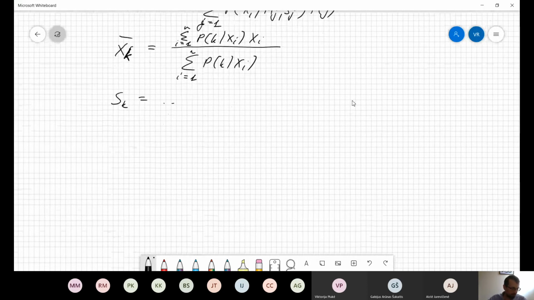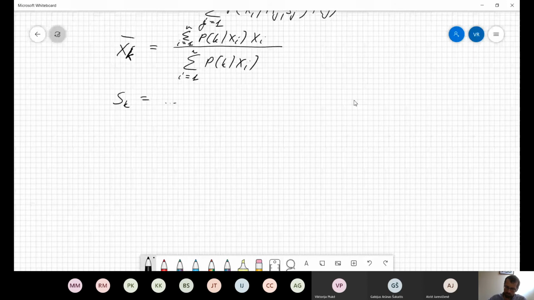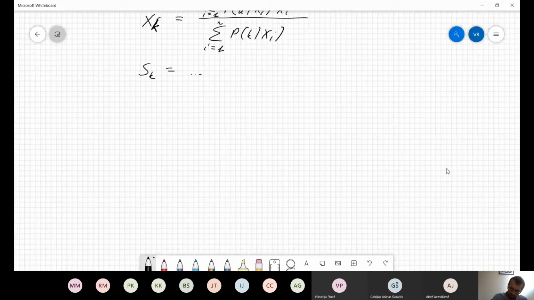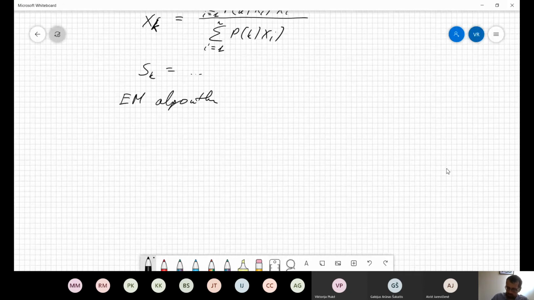After doing so, I will give you a few hints about how the EM algorithm is constructed now. It is constructed the same way. We have an initialization state, where for the centers we now have a matrix.